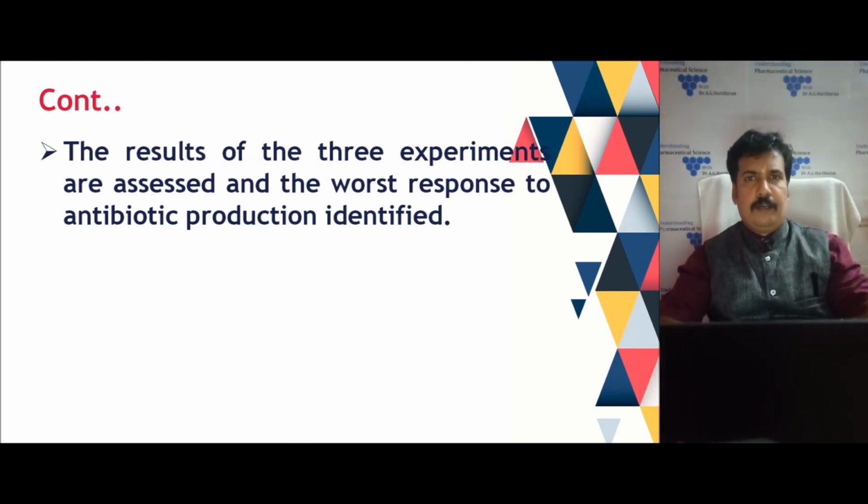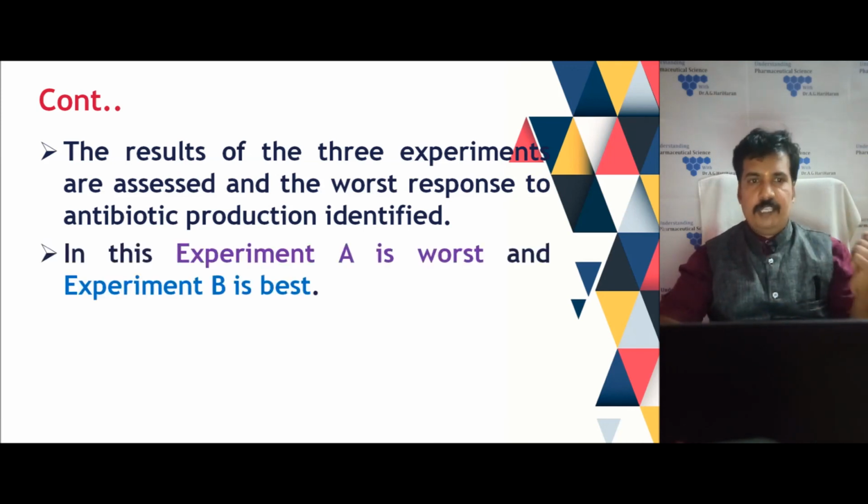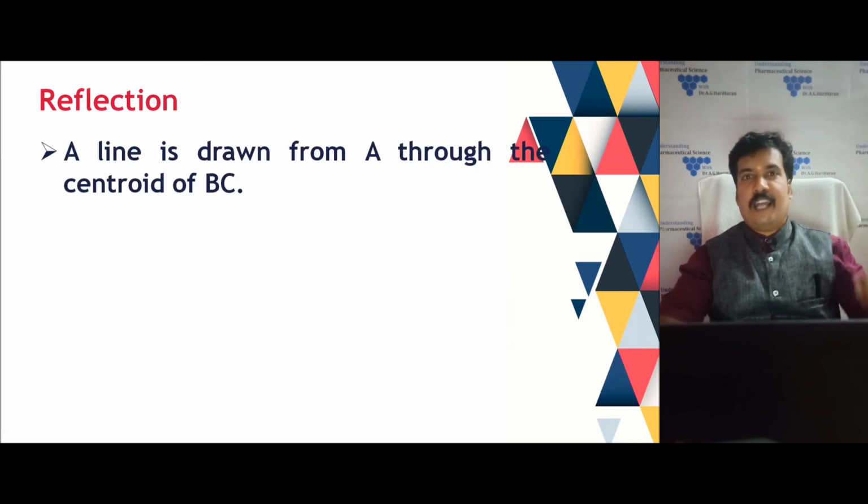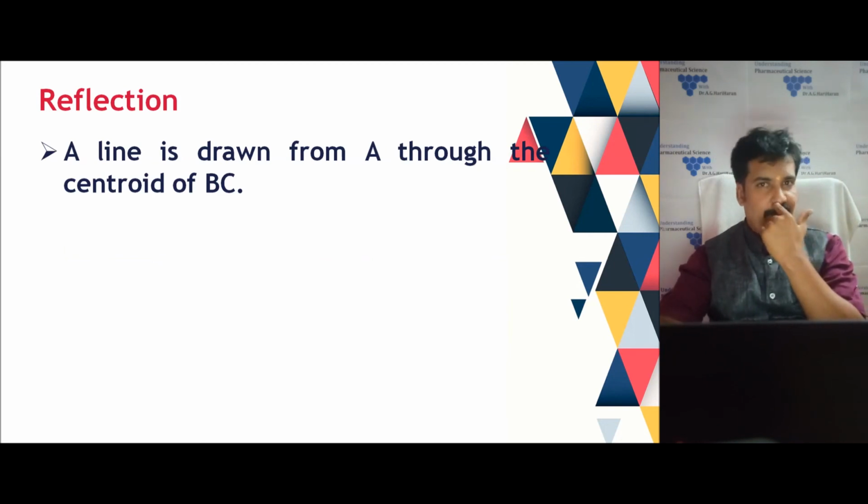So one will be the best yield and another will be the worst yield. Out of this, I have assessed that experiment A, that is point A, is the worst value, which has the least product yield, and point B is the best yield. So out of this, I am going to construct another point called D, which is opposite to A. This is called reflection.